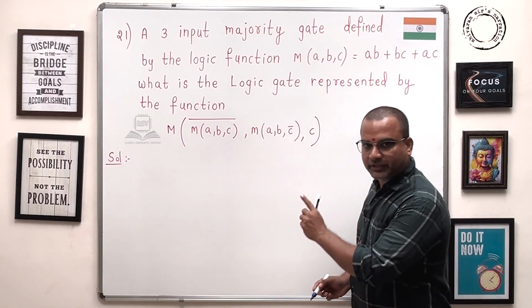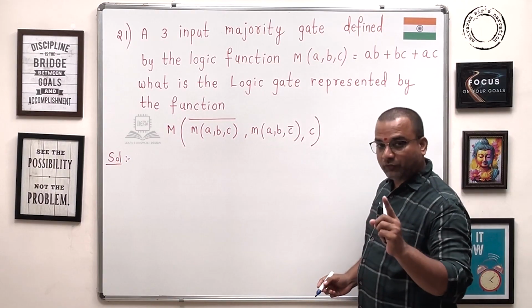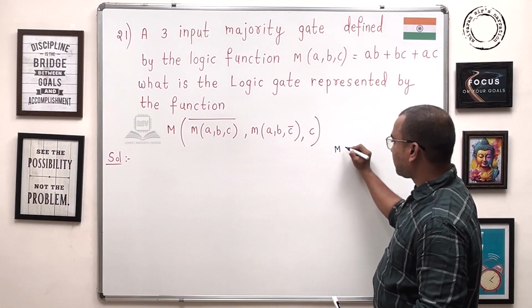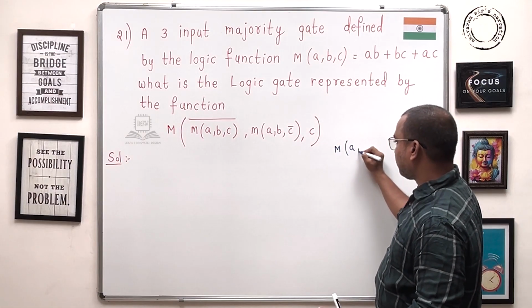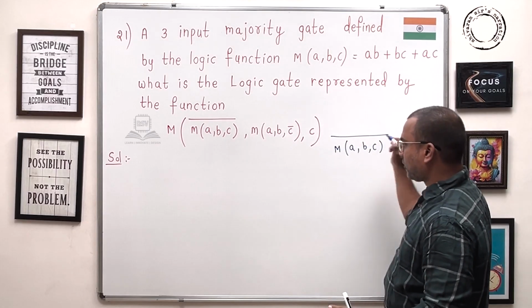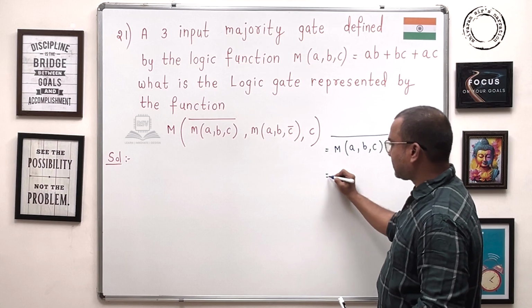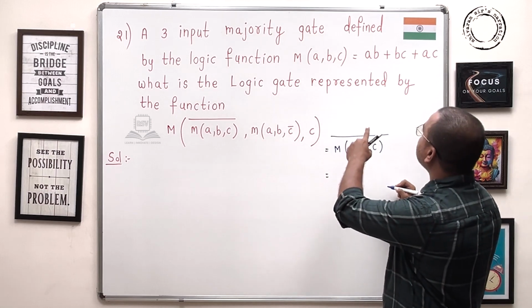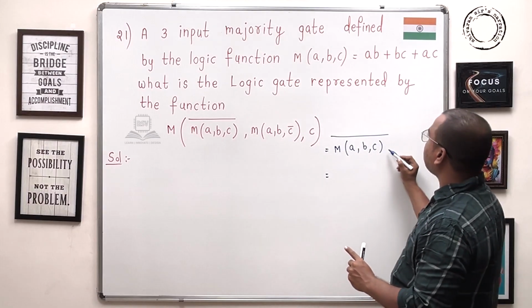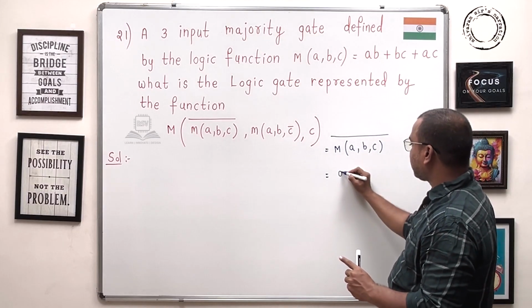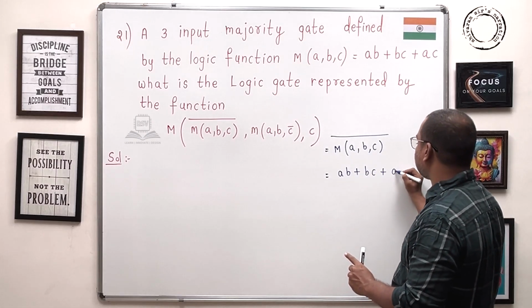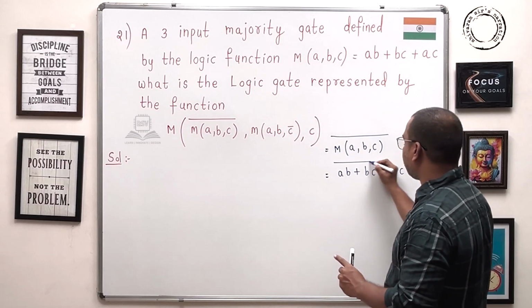Before proceeding into the solution, we want to know about m of a comma b comma c whole bar. What is it, guys? See, it is AB plus BC plus AC, right? Then whatever you take, this m of a comma b comma c is AB plus BC plus AC whole bar.